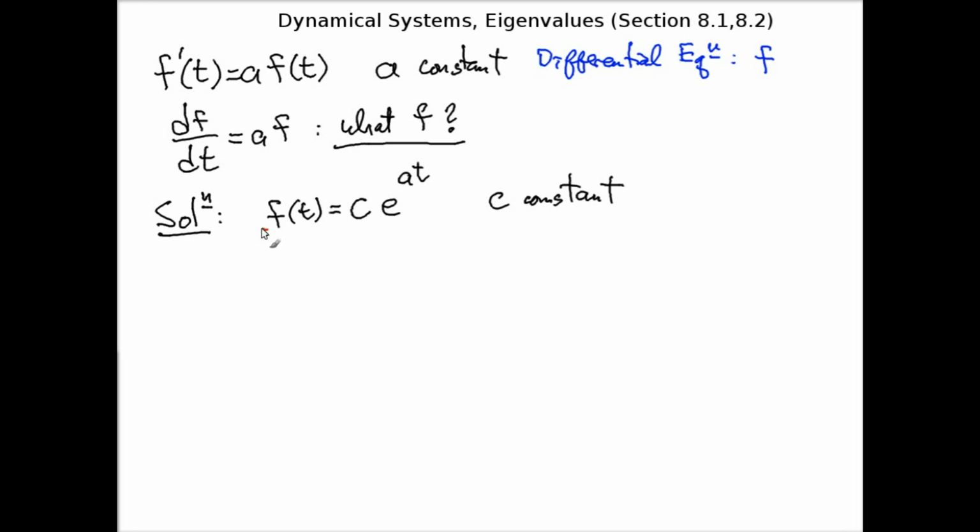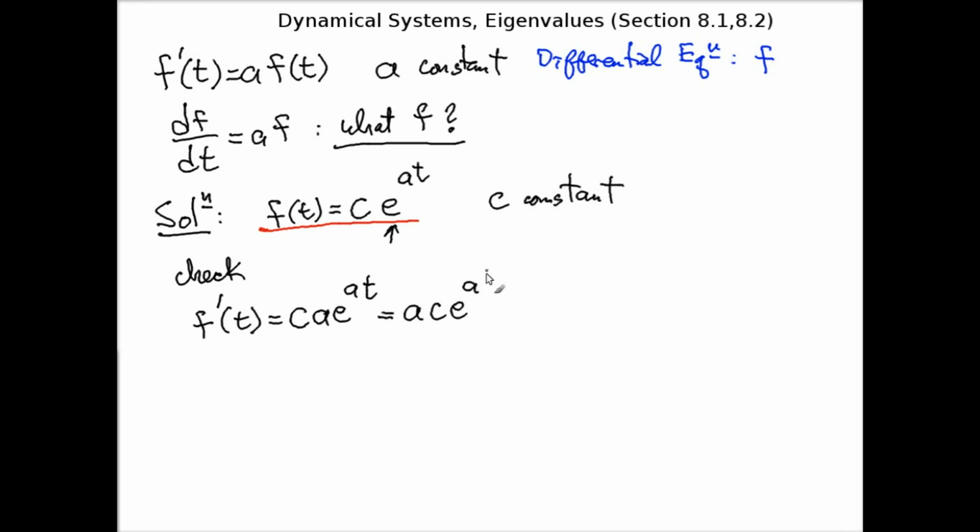And let's check. Why is that true? If that's f of t, what is f prime of t? Well, the derivative of this function is c times the derivative of e to the at, which is a e to the at. And you can pull the a out front to make it a c e to the at.